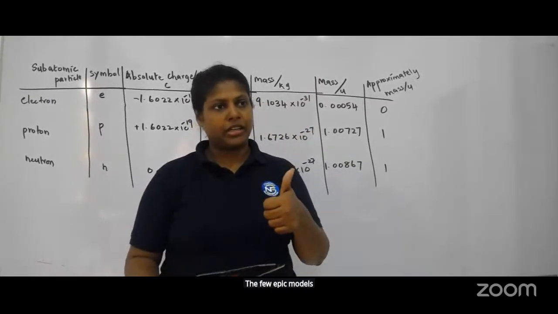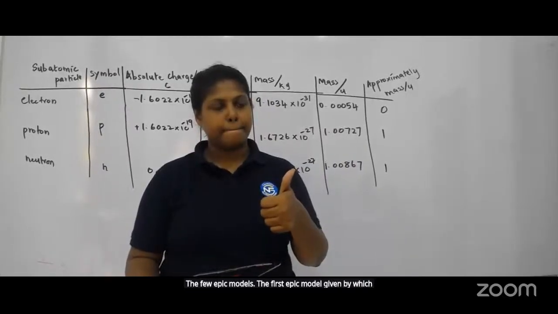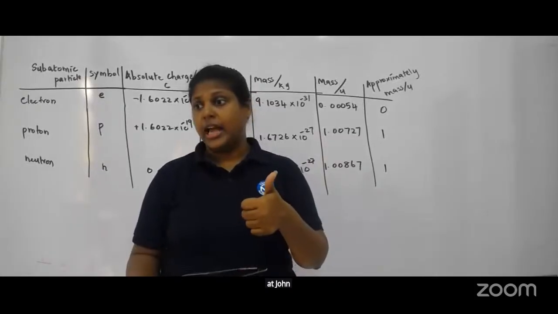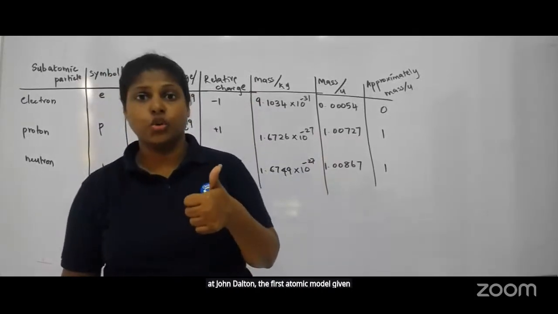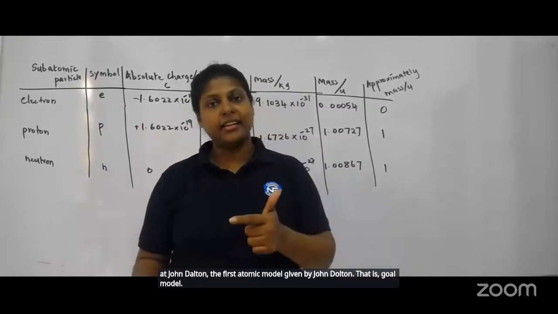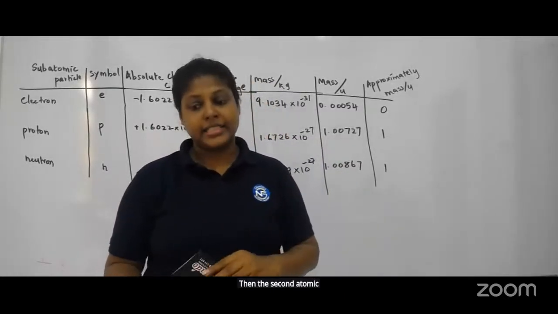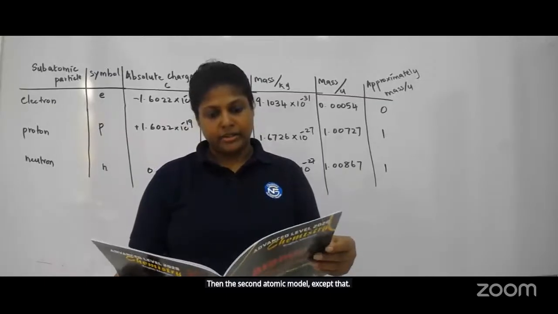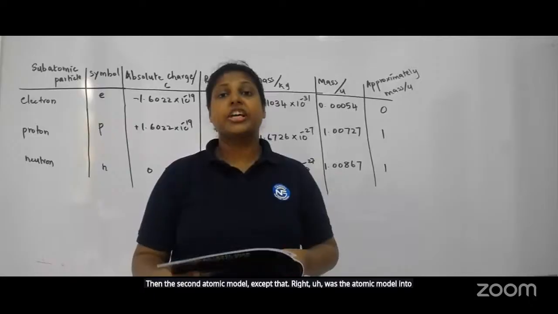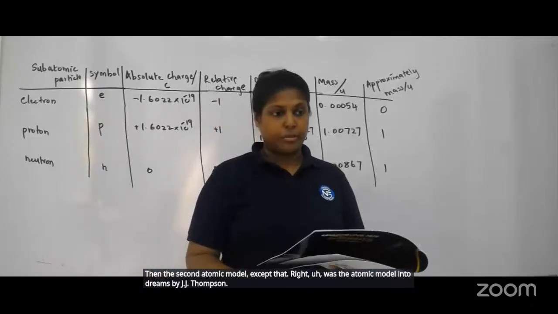The first atomic model was given by which person? John Dalton. The first atomic model given by John Dalton is the solid sphere model. Then the second atomic model accepted was the one introduced by J.J. Thomson. Look at page number 9.